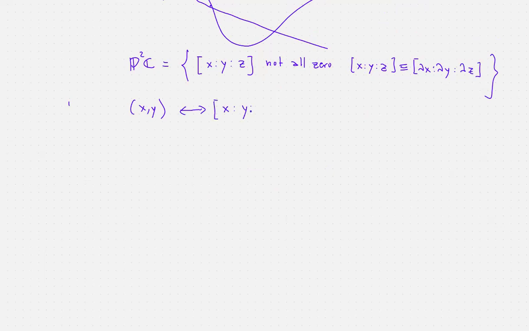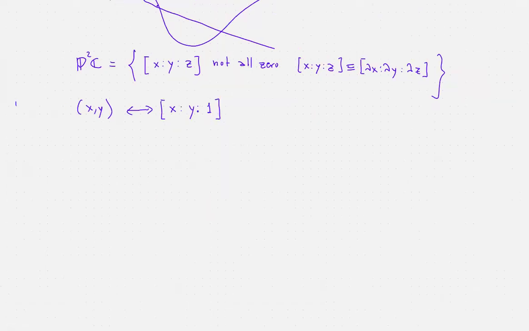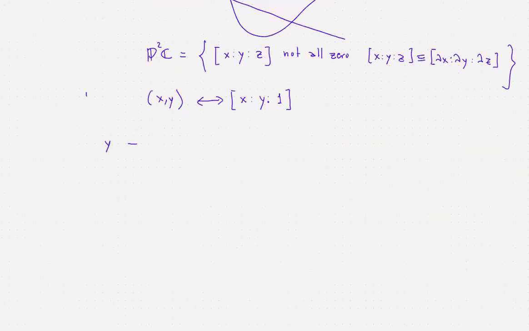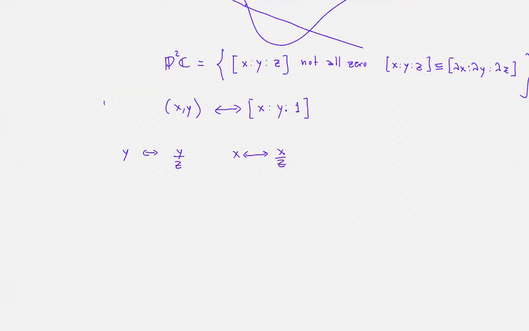And in general, in order to come up with the kind of points that we're interested in, we replace y by y over z and x by x over z in our original equation. And if we do so, let's do a simple computation here.